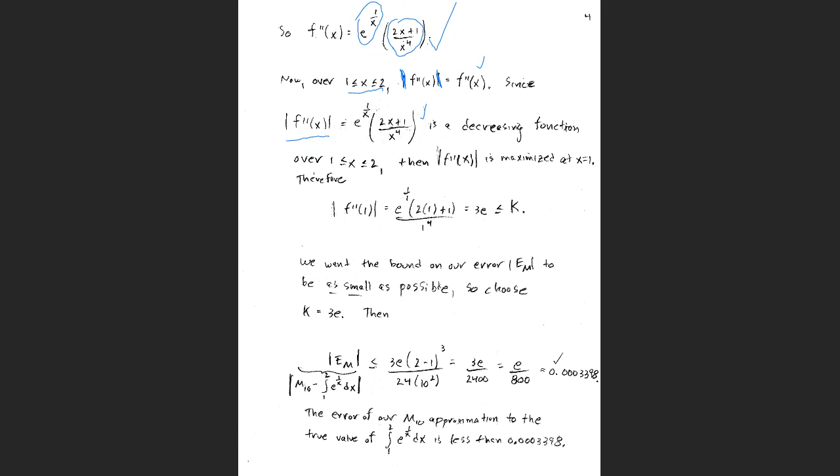And that second derivative, it turns out, is a decreasing function over the interval from 1 to 2. You could learn that by graphing that second derivative in Desmos, for instance, and you would see it decreases from 1 to 2.